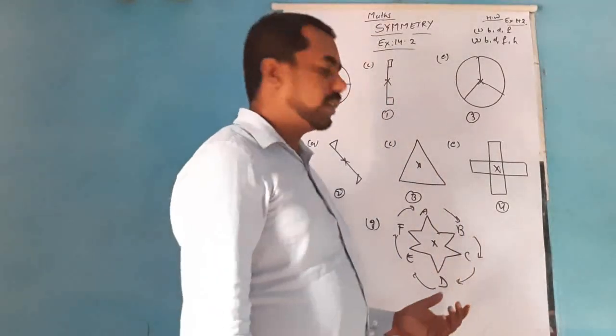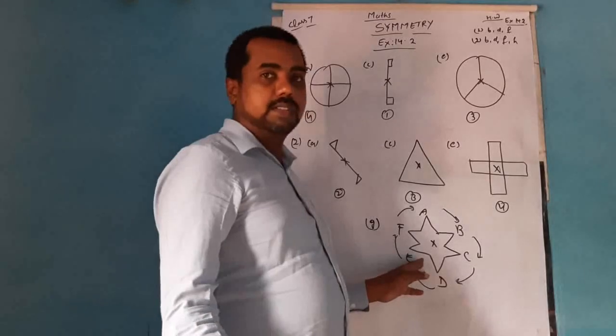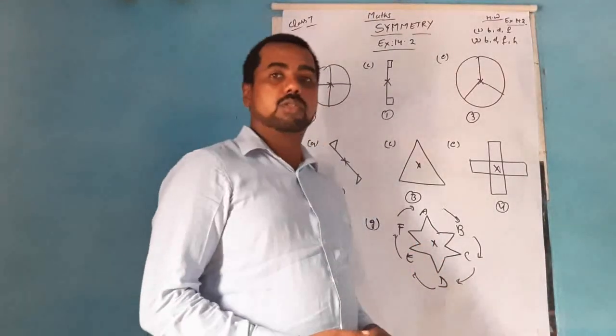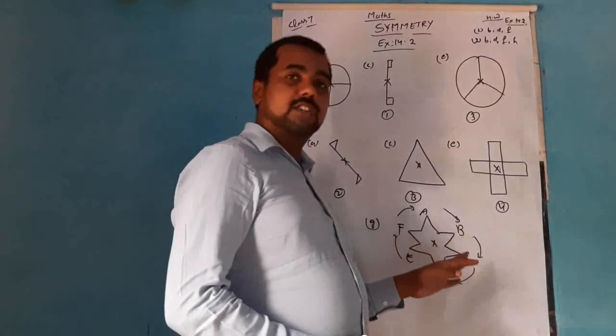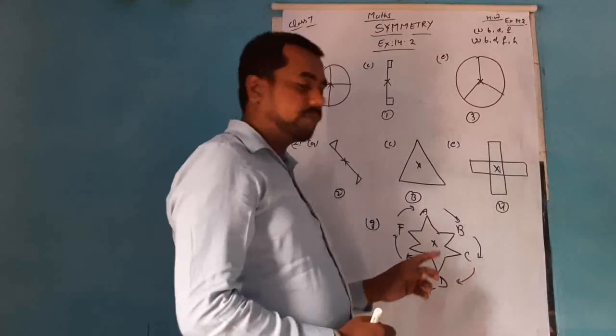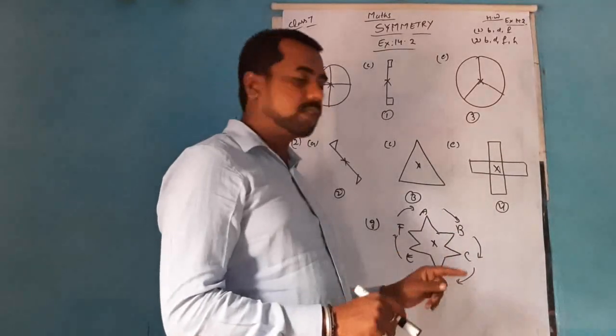Okay, now let's see the last part of this. Please excuse me for the last figure, it's not accurate as given in the book. Here a star shape is given. Here also I have labeled A, B, C, D, E, F. Now when A is shifted from here to here, it will remain at its original place.